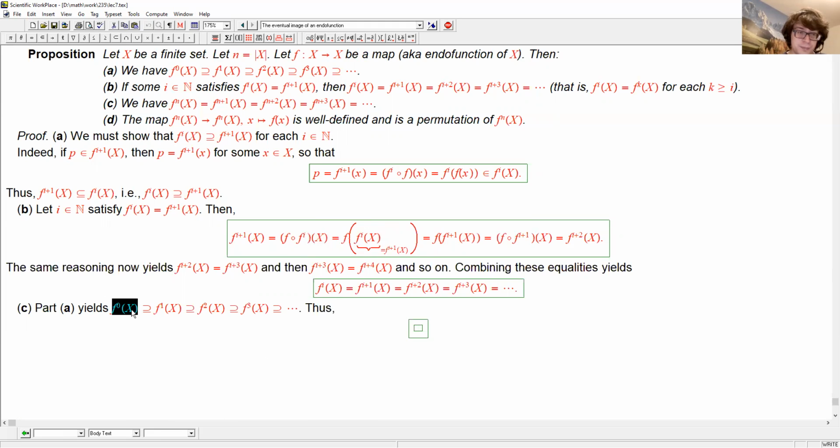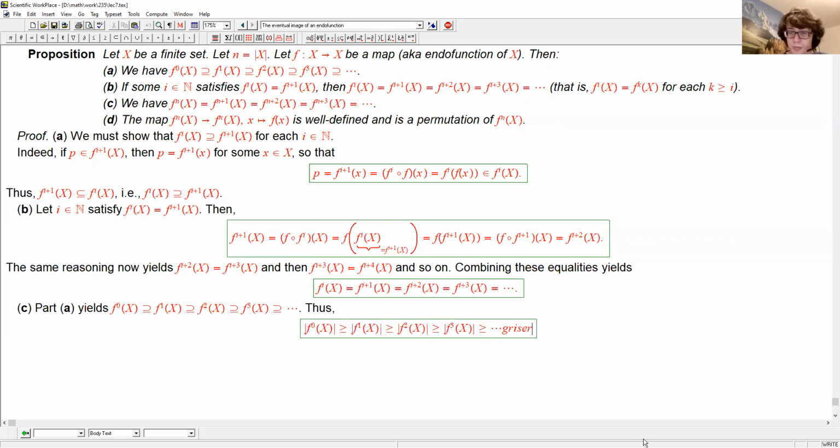Therefore, we have this chain of inequalities between the sizes, because a subset always has at most as many elements as the surrounding set. So if this set contains this one, then its size is at least as big as the size of this one, and so on.